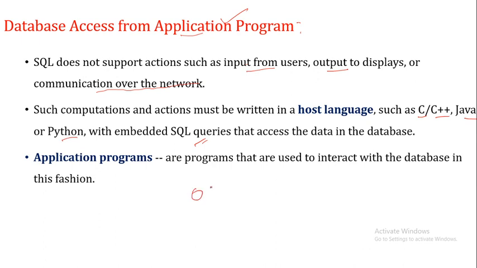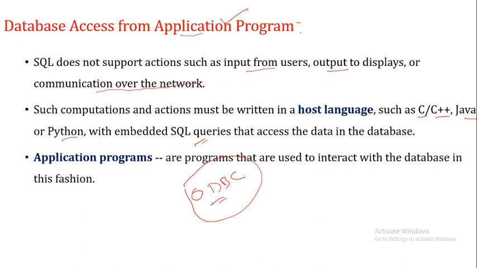The best thing is ODBC. Through this ODBC, we support all these things: taking the input from the user, displaying it on the screen, and all these things. One of the features is that this interface provides the communication between your application program and the database. Okay.